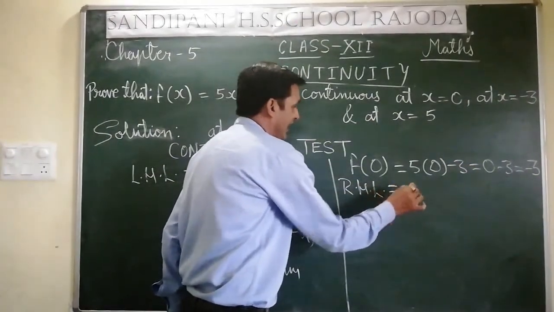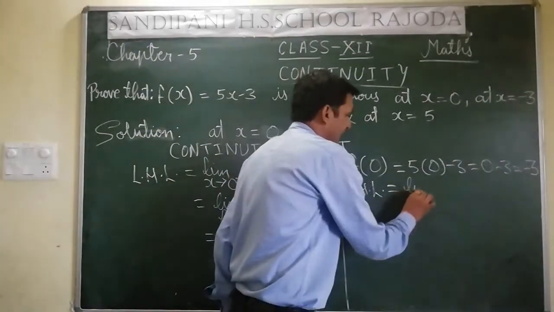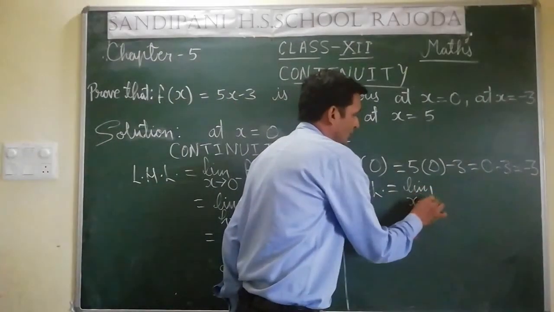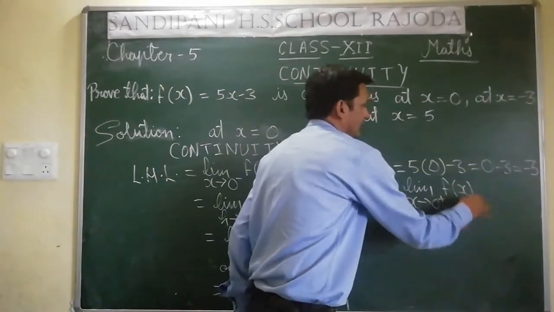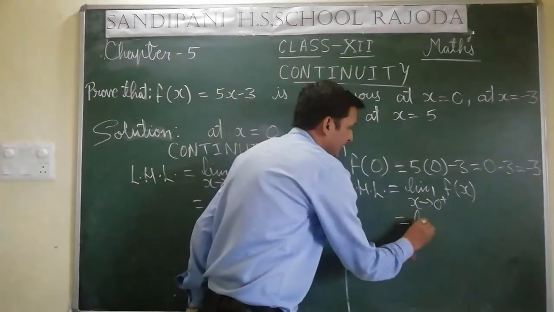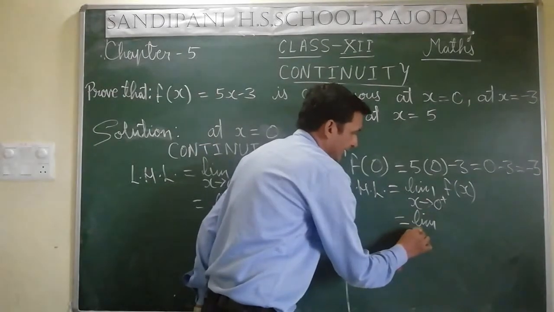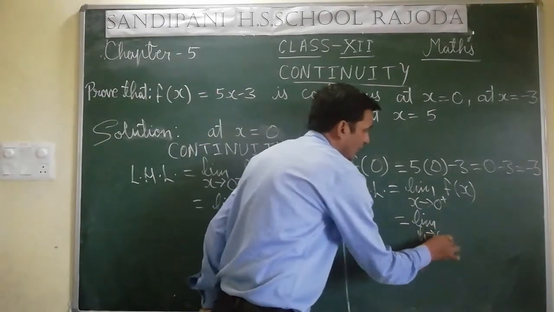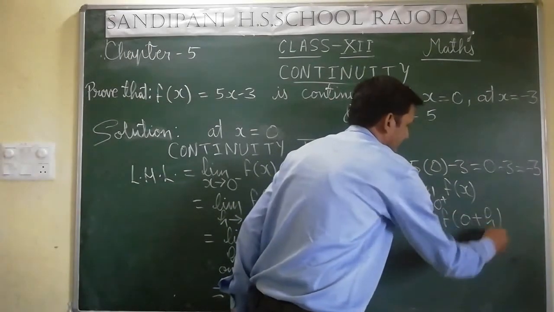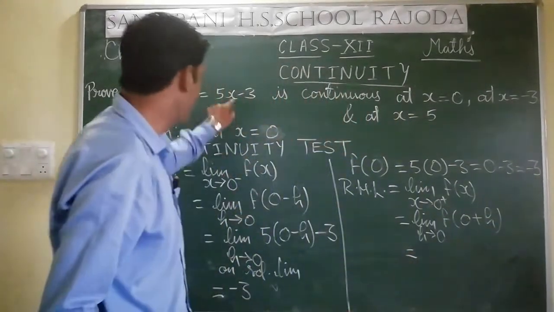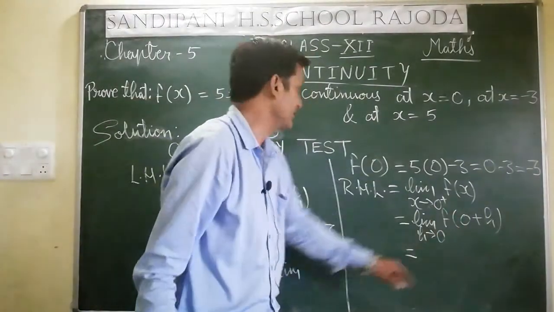In the right hand limit we have to write limit x tends to 0 plus f of x, that is equal to limit h tends to 0 f of 0 plus h. So in place of x now we have to write 0 plus h.